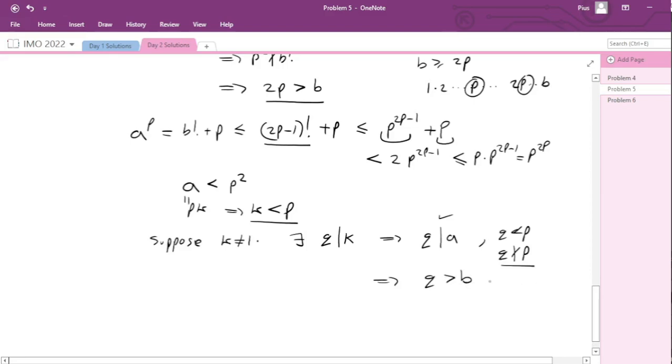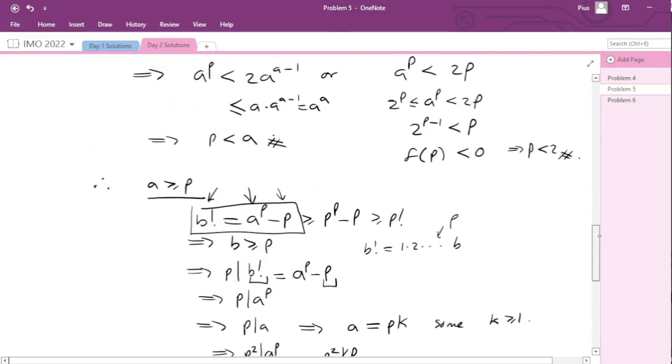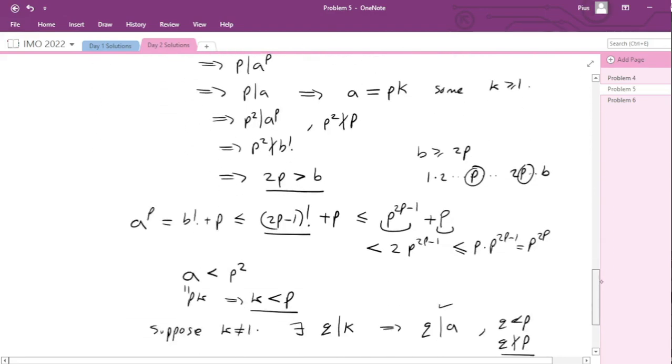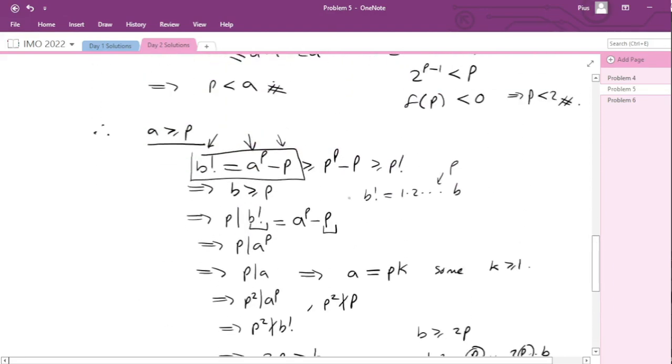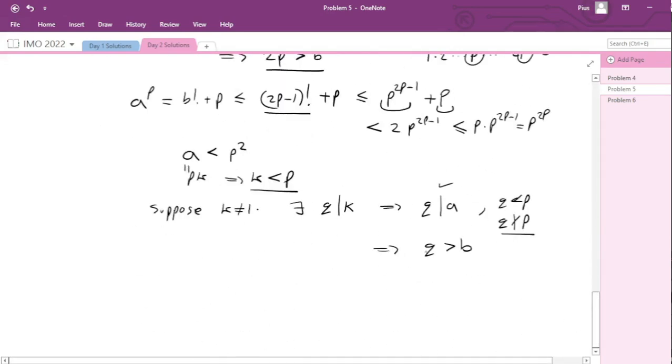But remember that we already had a lower bound for both a and b, which is that they are both greater than or equal to p, up here. So we have that q is greater than b, and b is greater than or equal to p, and this is a contradiction, because q is supposed to be less than k, which is less than p. So we have a contradiction here.